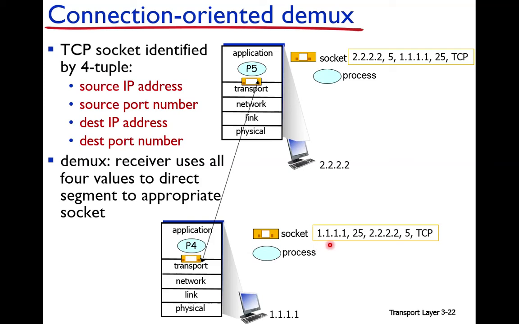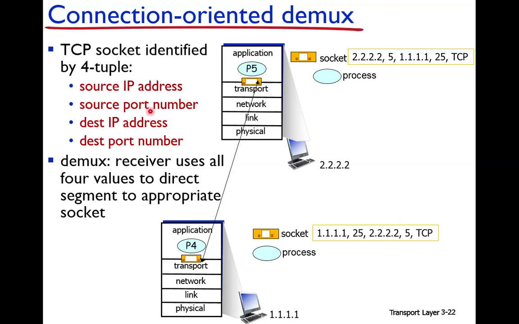This socket has source IP address 1.1.1.1 and source port number 25 on this machine, and the destination IP address is 2.2.2.2, the IP address of the other machine, and the destination port number is 5. This port 5 is the port number of the socket of application P5 on that system, and the connection is TCP. So the TCP socket is created here, and they have already established the connection.